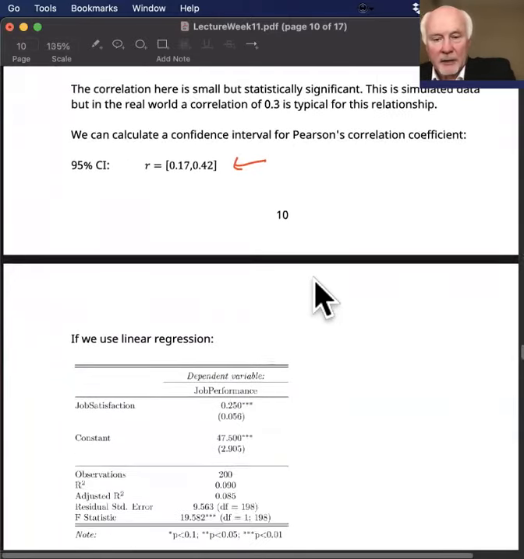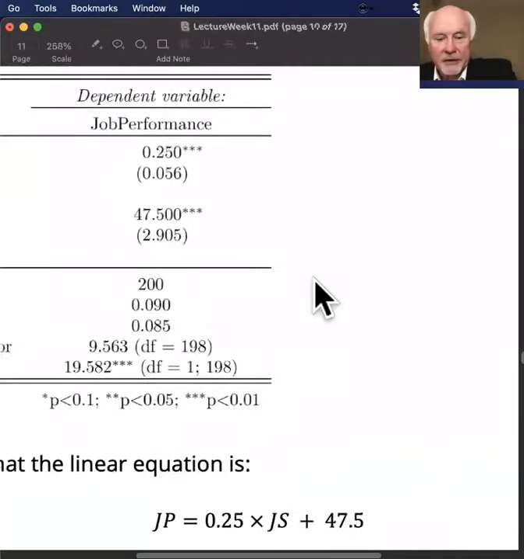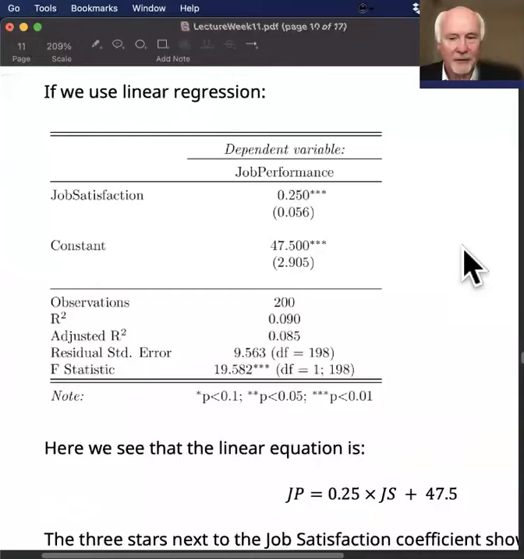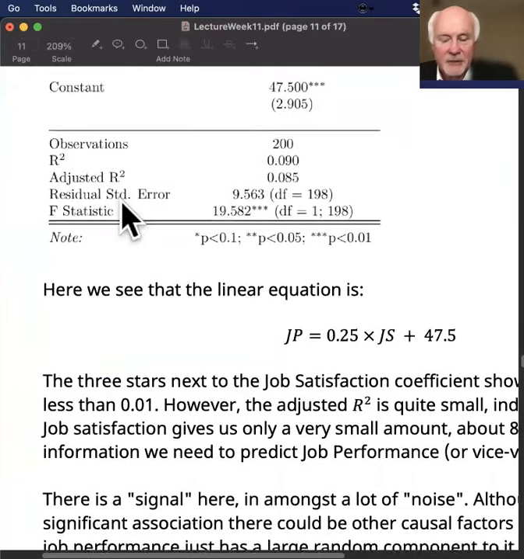And I've also done a linear regression here, so you might have to refresh your memory about how to read these things. They're reported in various ways, but the way this is presented, job performance is the dependent variable, and job satisfaction is the independent variable. The linear regression is just estimating a linear equation that relates the two.